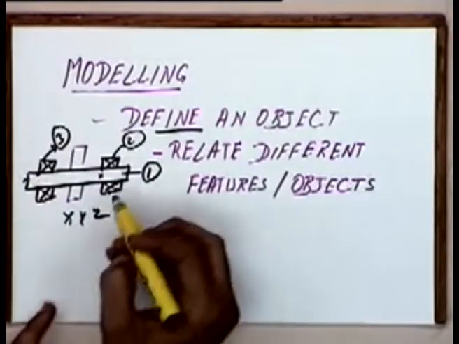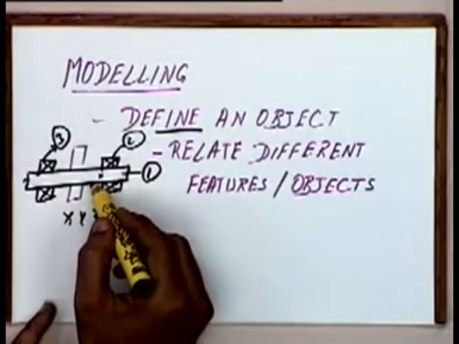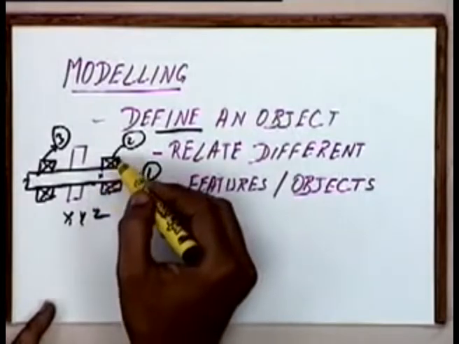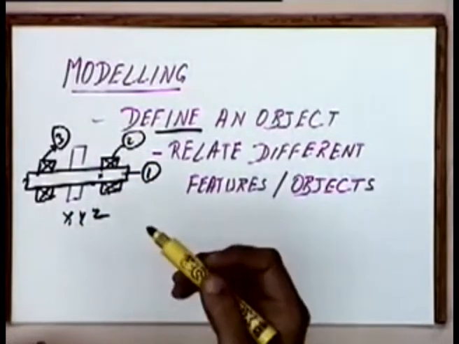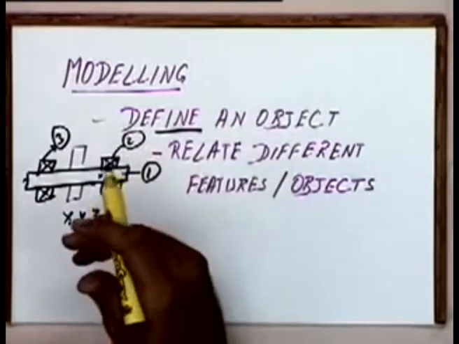So that defines a relationship between this bearing and this shaft. This relationship is a geometric relationship with respect to adjacency, with respect to which object is next to the other object and so on. It defines the geometric location of the two objects with respect to one another.